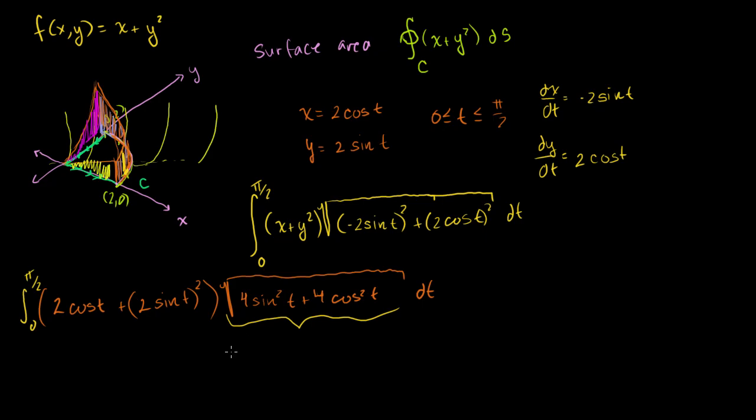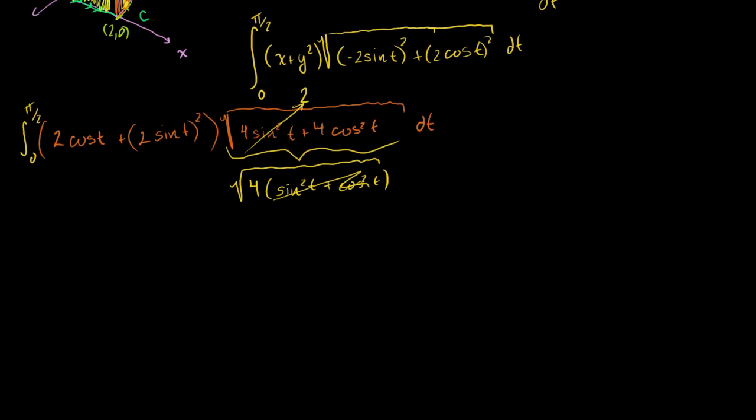That is the same thing as the square root of 4 times sine squared of t plus cosine squared of t. We know what that is. That's just 1. So this whole thing just simplifies to the square root of 4, which is just 2. So this whole thing simplifies to 2, which is nice for us solving our antiderivative. It simplifies things a lot.